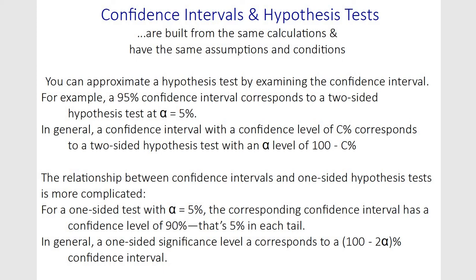Because this is two-sided, you're going to have a tail over here and one over here, and you want both of those to add up to 5%. So in this middle part would be 95%. So that's why that would work.